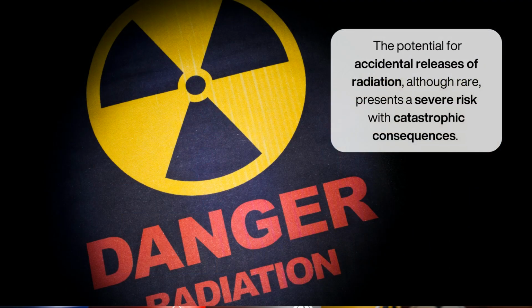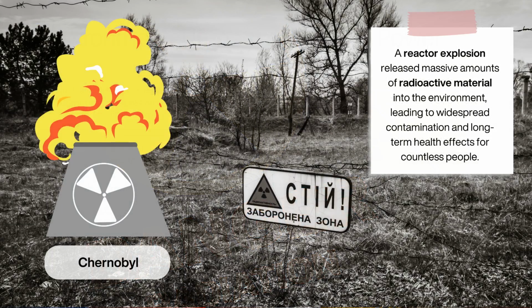Moreover, the potential for accidental releases of radiation, although rare, presents a severe risk with catastrophic consequences. History has shown us the devastating impact of such incidents. The Chernobyl disaster in 1986 is perhaps the most infamous example, where a reactor explosion released massive amounts of radioactive material into the environment, leading to widespread contamination and long-term health effects for countless people.